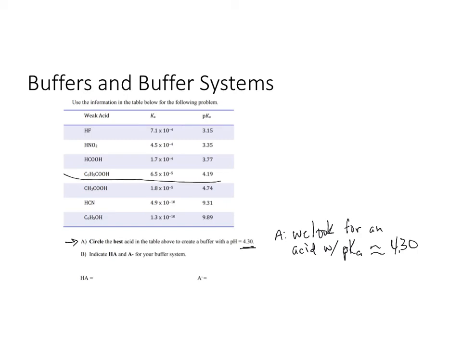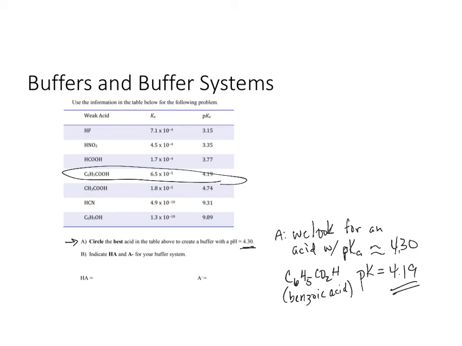There's our answer: C6H5CO2H. That's benzoic acid. Its pKa is 4.19. So if we wanted to buffer at 4.3, we'd start with benzoic acid.